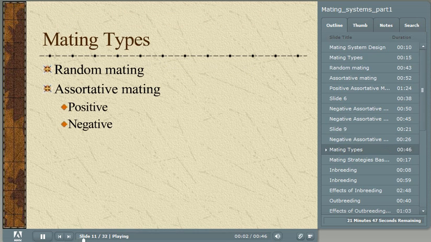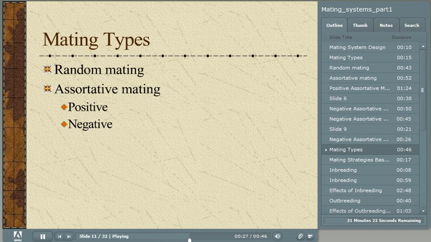So with the first three sets of mating types that we've covered, the first one is random mating, and to implement that type of mating strategy, we do not need to know much about individual animal performance. The assortative mating systems are more based on performance, where you need to know, are these individuals extreme within my herd for the traits I'm interested in improving, or are they moderate?